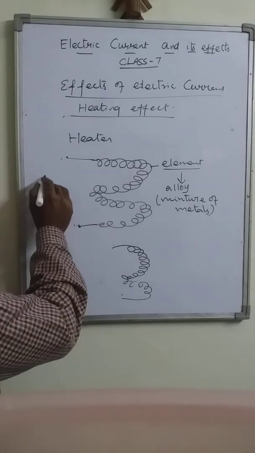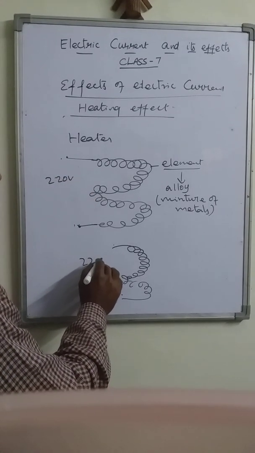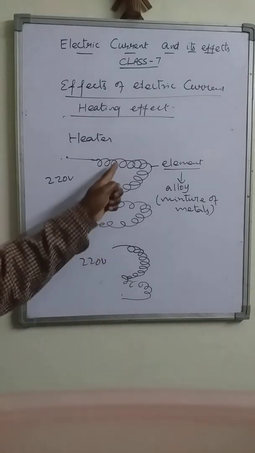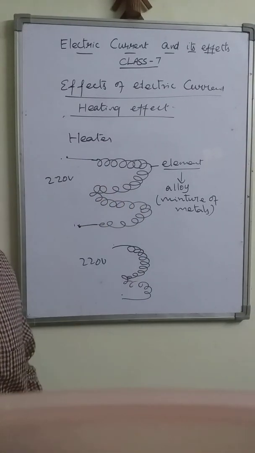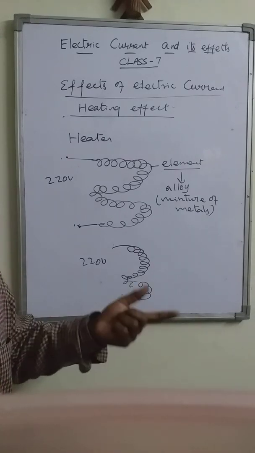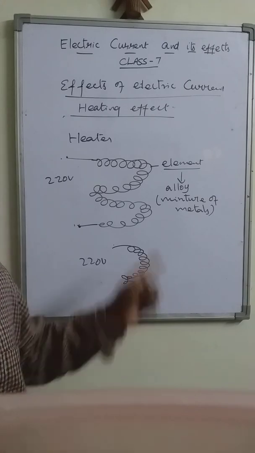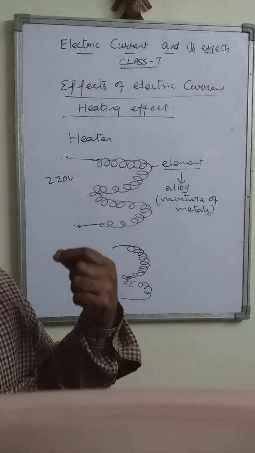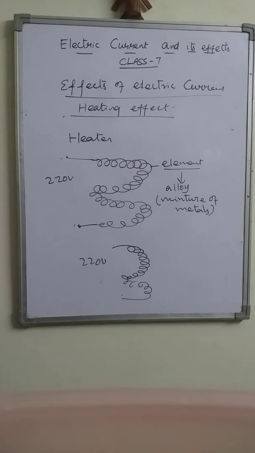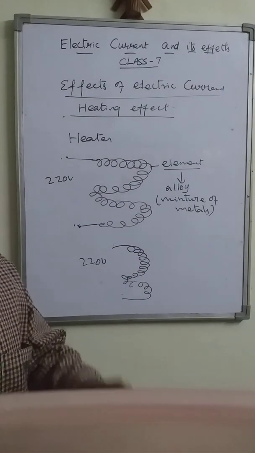In this, the supply is 220 volts. Here also the supply is 220 volts. To these two heaters, same amount of supply is given, 220 volts. But the amount of heat produced in these two appliances is different. One is producing large amount of heat and another one is less amount of heat.